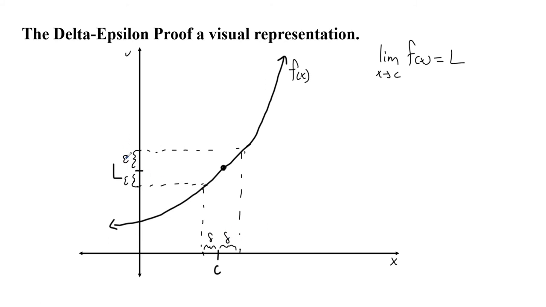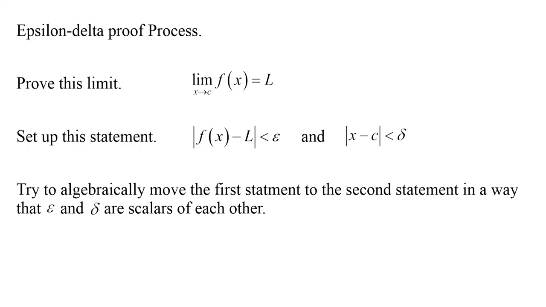And as epsilon changes, either gets bigger or smaller, delta changes. And what we need to do in the delta epsilon proof is try to find the relationship between epsilon and delta. Okay, so how are we going to do that?